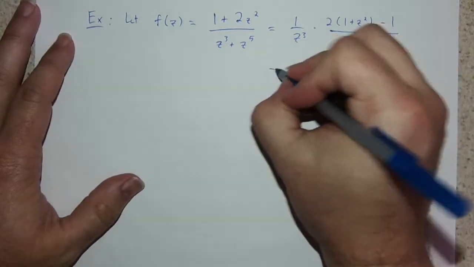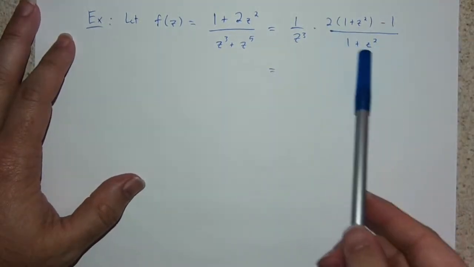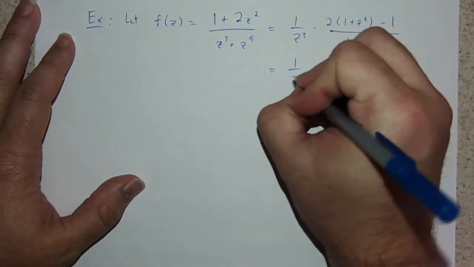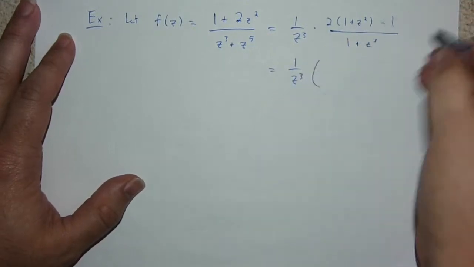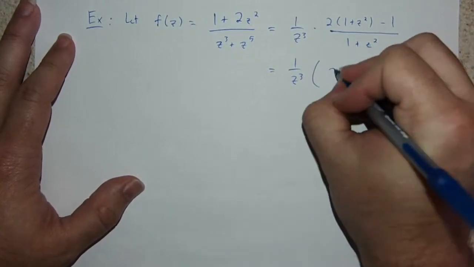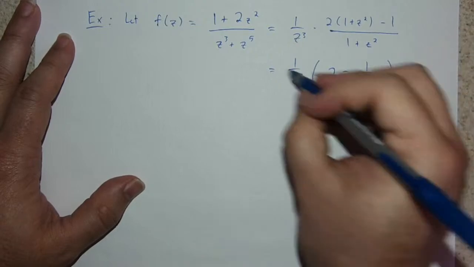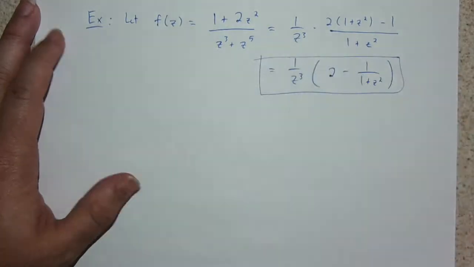And so now, dividing through each term in the numerator by 1 plus z squared, this is 1 over z cubed times 2 minus 1 over 1 plus z squared. Now this is going to let us see how things work a little bit better.